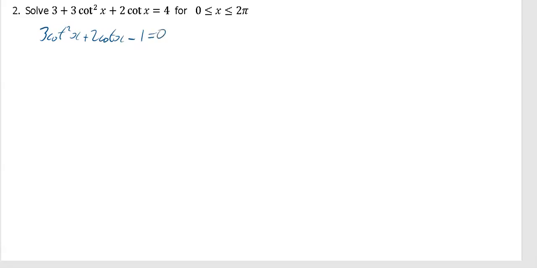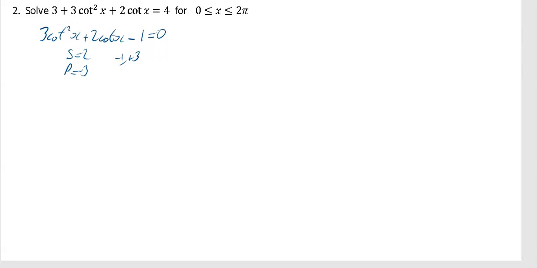So this factorizes, my sum is equal to 2, my product is equal to minus 3, so my two numbers are minus 1 and plus 3.